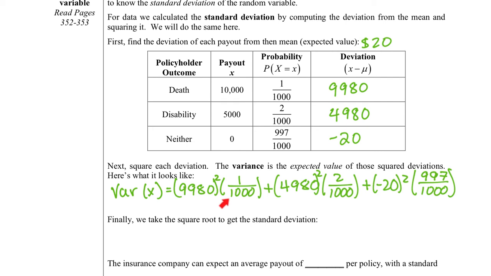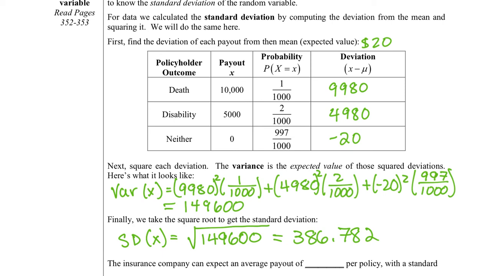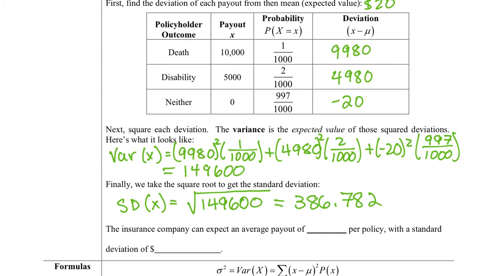You can see here that not only am I squaring the values of the deviations, I'm also multiplying each by their probabilities. So that is going to give us a little bit different value than what we saw when we just did a regular standard deviation. In this case, we get 149,600. Then we're going to take the square root of that value. The square root of that will be 386.782.